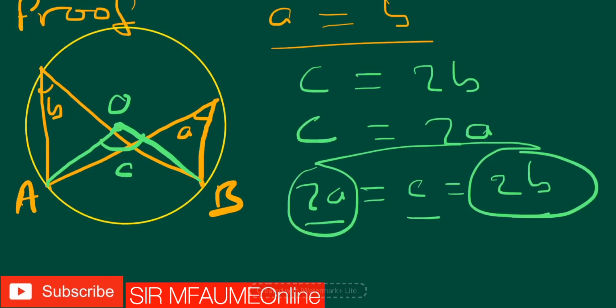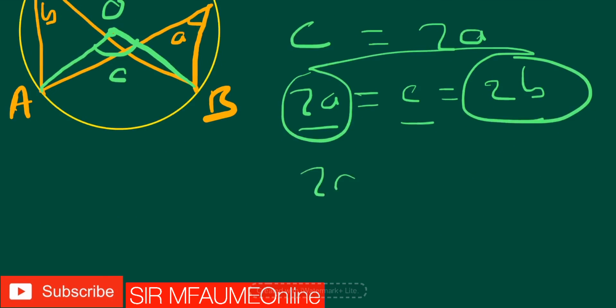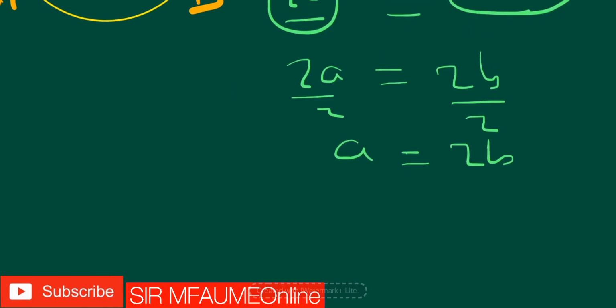Then I can write 2A is equal to 2B. Now simplify, divide by 2. Now I'll find A equals B, because the 2s cancel. So hence proved, A equals B.